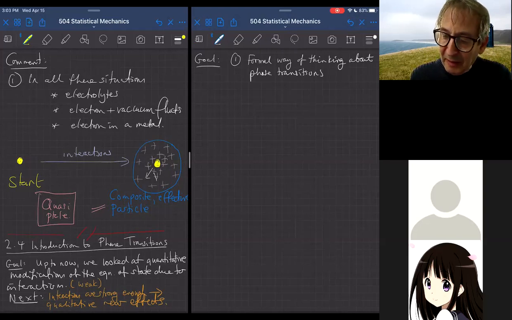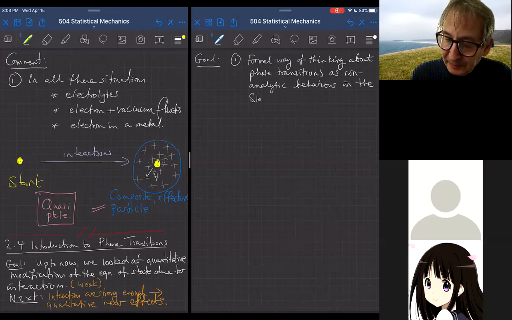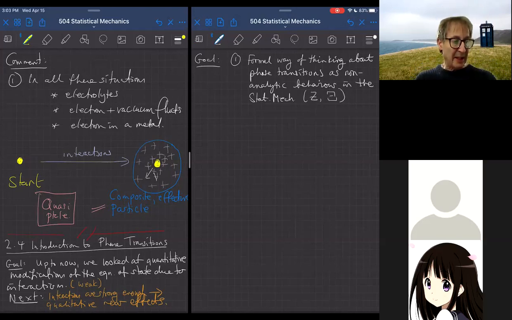So there's a formal way of thinking about phase transitions as non-analyticities, non-analytic behavior, let's say, in the statistical mechanics. And so when I talk about the statistical mechanics, what I mean is the partition function, or maybe the grand partition function, something like that. So that's going to be our formal way of thinking about phase transitions.